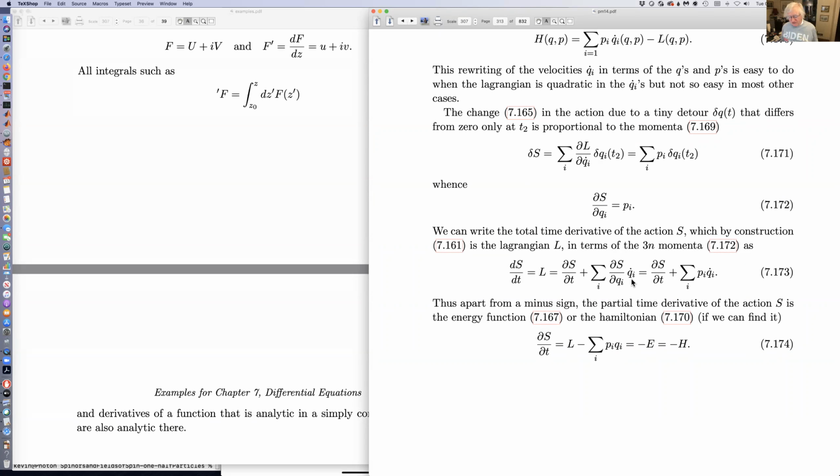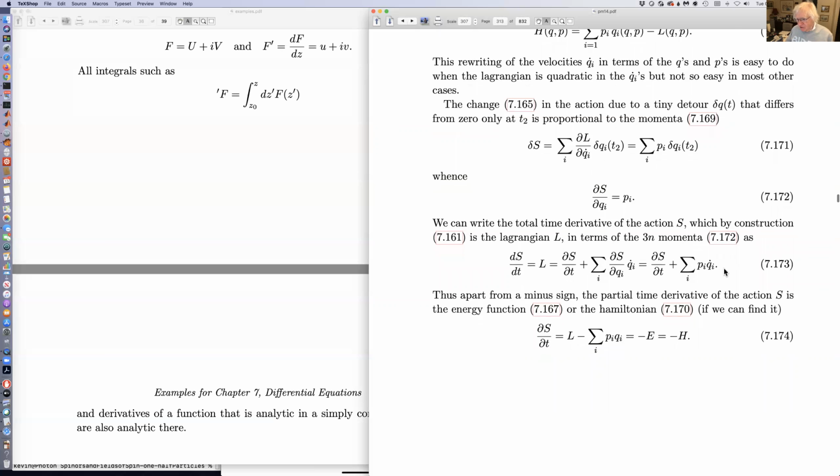And here we're thinking of the action defined as the time integral of the Lagrangian from a starting point to an ending point. So what we have is the initial coordinates and time, the final coordinates and time. That's why we have this expression. And this we've just seen is the momenta. So it's dS dt is partial S partial t plus the sum of the momenta times the velocities.